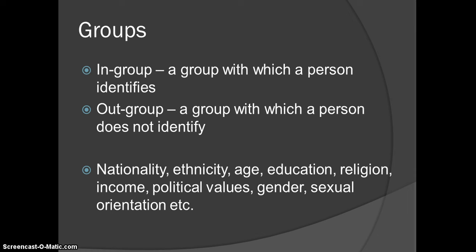People usually will support in-group members compared to out-group members. Makes sense, right? You're more likely to support somebody who is the same age as you are, or potentially the same gender or the same religion.